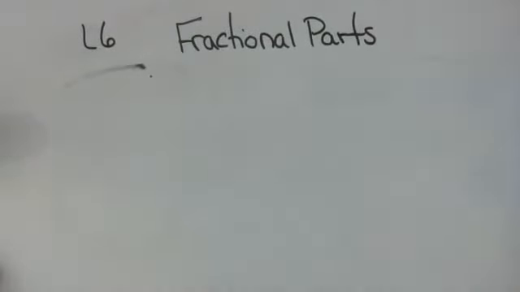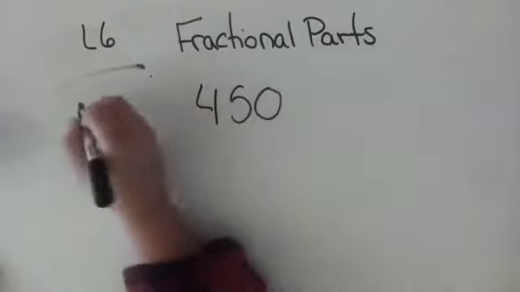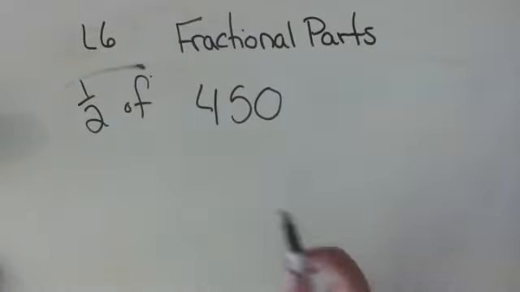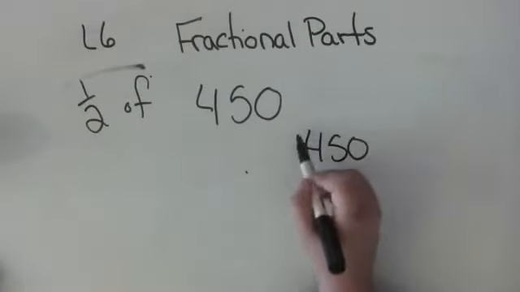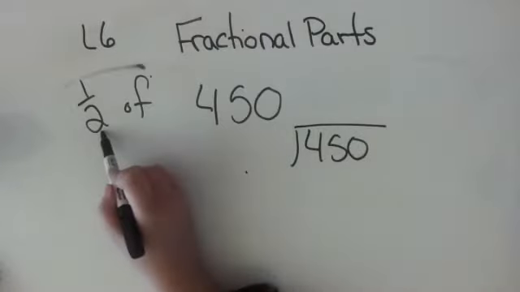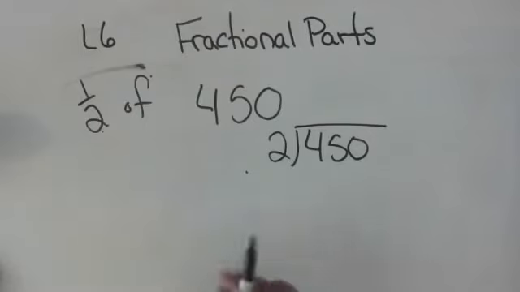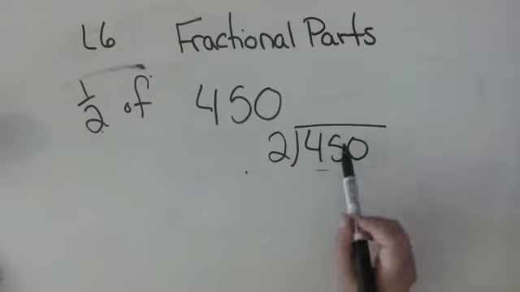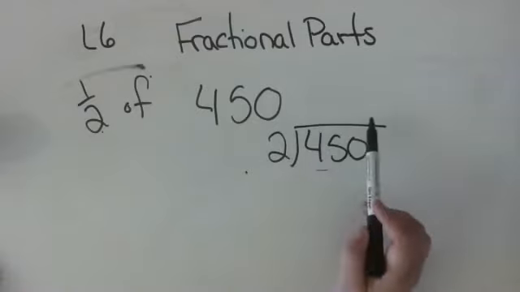Now, if I have a larger number that I'm trying to find the fraction of, so let's say 450, and I want half of 450, what I do is I take 450 and I divide it by this denominator. The reason I divide by the denominator is because when you divide, remember from previous lessons, you're taking this number and putting it into this many groups, and then your quotient will be how many things are in each group.